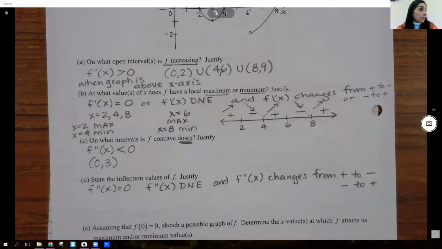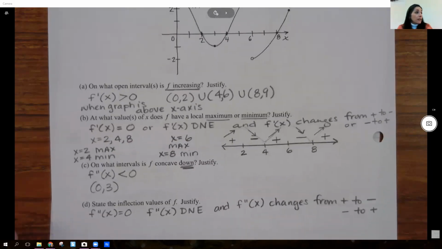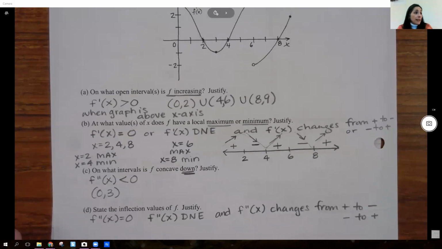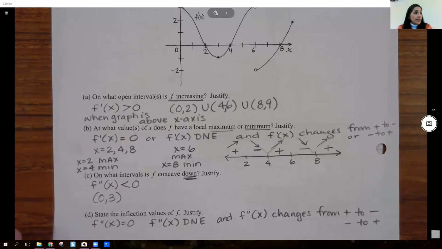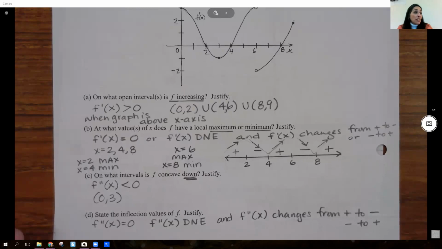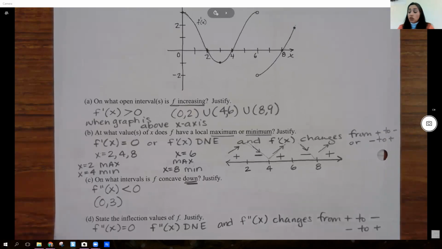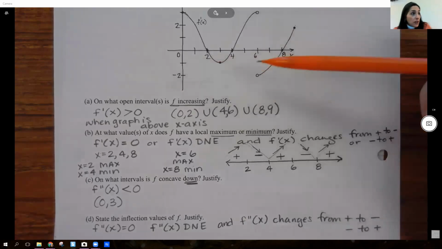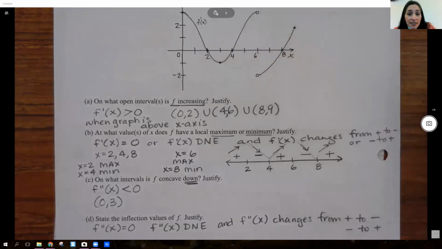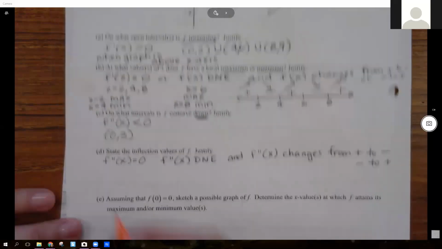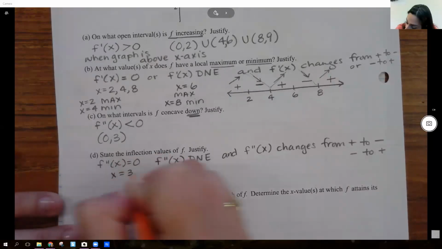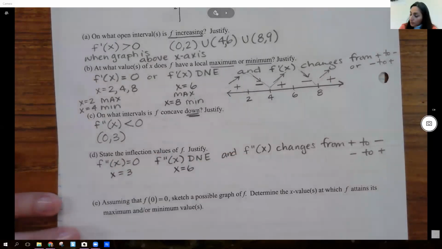So the inflection values are when the second derivative equals 0 or doesn't exist. So for this, you'd have to think about where the slope of this graph either equals 0 or doesn't exist. Where will that be? 3 and 6. Good, very good. x equals 3 and x equals 6.